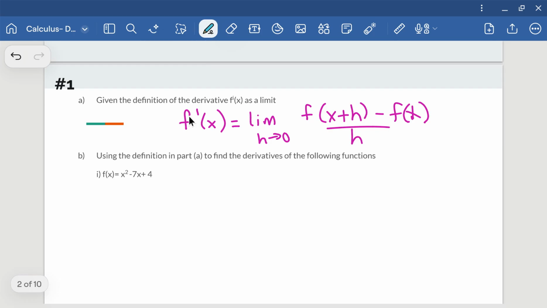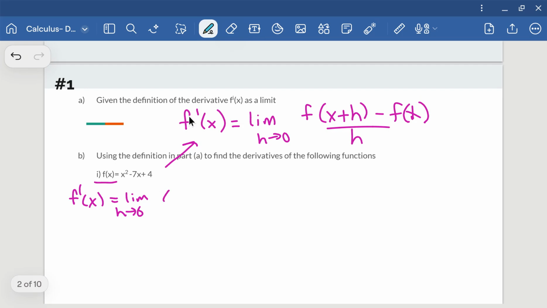So now using that definition, we want to be able to find the following. For this one, even though we do now know shortcuts, we want to still be able to show that we know how to use essentially the formula to find the derivative. So if I want to figure out f prime, as my limit tends towards 0, I would have f of x plus h, so I'm just going straight to filling it in.